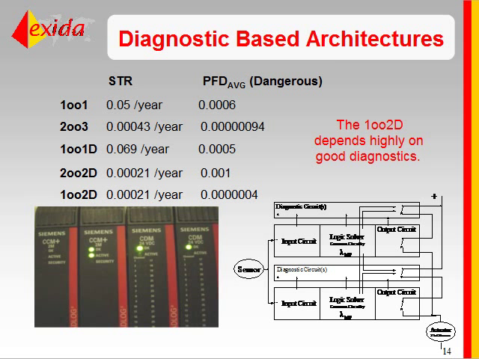If you do a lot of probabilistic modeling, you've probably seen numbers like these before, but in fact it can be shown that for a good level of automatic diagnostic coverage factor, like 95% plus, these new advanced architectures can achieve higher levels of availability and safety than any other architecture.